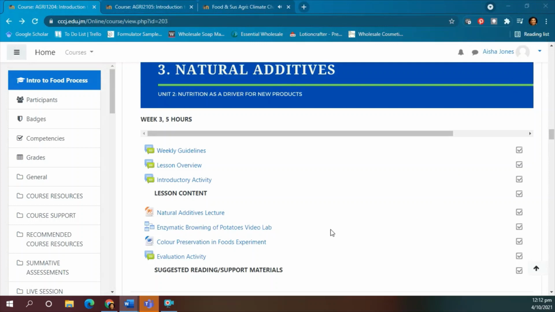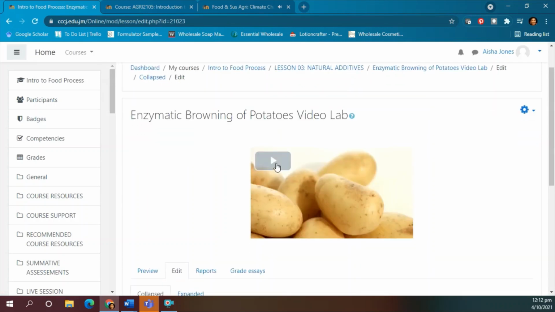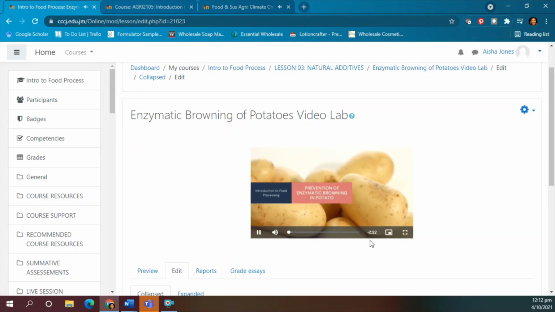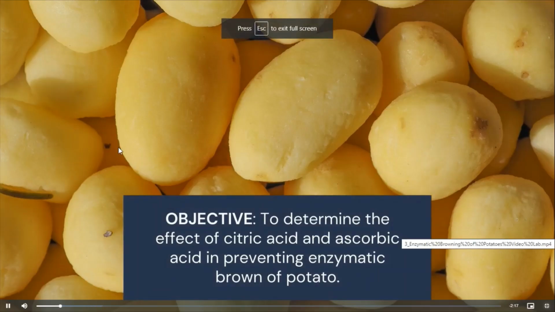Now, in some cases, we have also gone ahead and done the labs and recorded it. So there are a handful of labs that will be provided, video recorded labs that have been provided. These are again in video format. So that very same lab we just looked at, there's also a video lab for it. So students can also look at what their lab setup should look like if they are doing that exact lab.